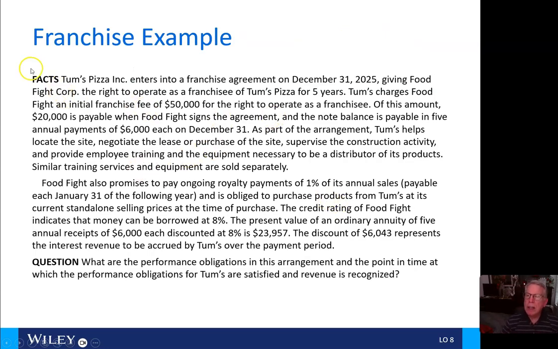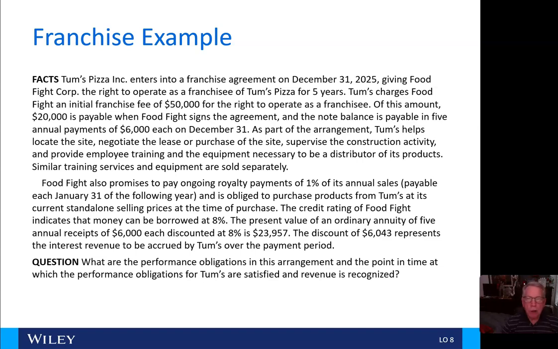Okay, franchise example. Tums Pizza Incorporated enters into a franchise agreement on December 31, 2025, giving Food Fight Corp the right to operate as a franchisee of Tums Pizza for 5 years.